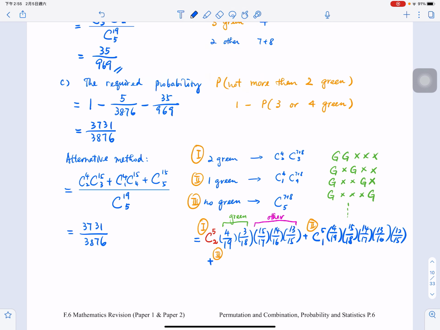See, you still need to use the combination, right? The last one may be easy: 15 over 19, 14 over 18, 13 over 17, 12 over 16, and the last one 11 over 15. So if you use fractions to find the probability, you also get this correct result.